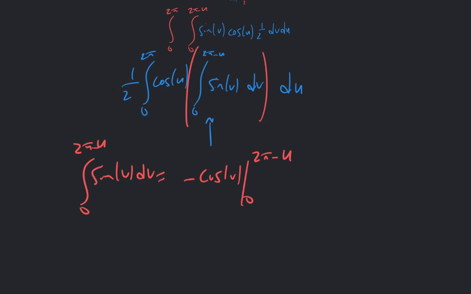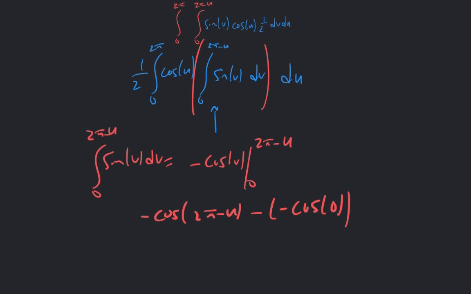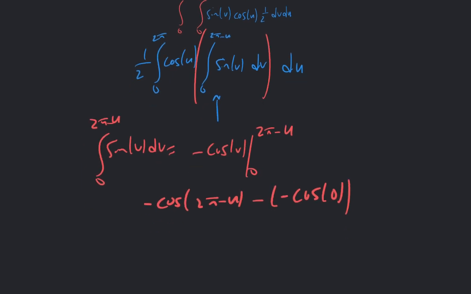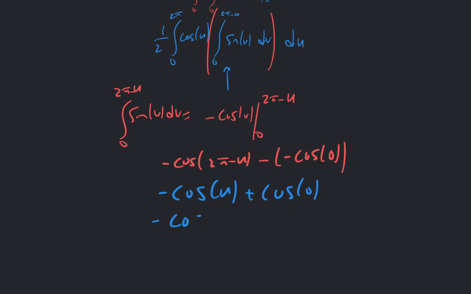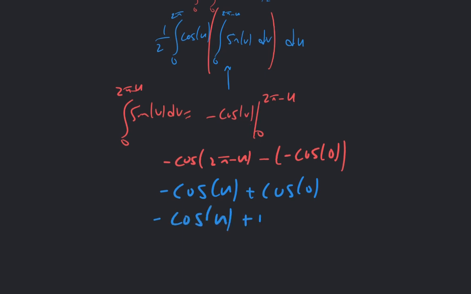Now this is going to give us minus cosine of 2 pi minus u minus the negative cosine of 0, and we can use the identity that cosine of 2 pi minus u is equal to the cosine of u. So this is just minus cosine of u plus the cosine of 0, which is just minus cosine of u plus 1.